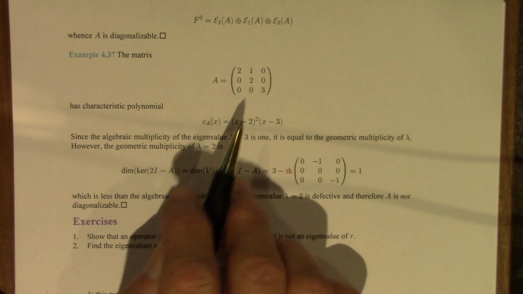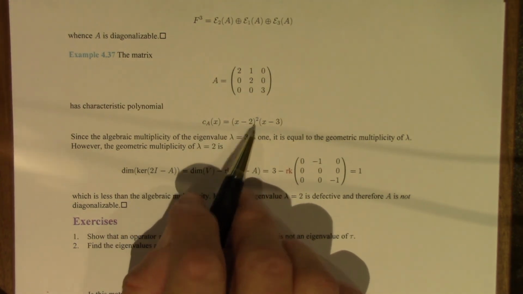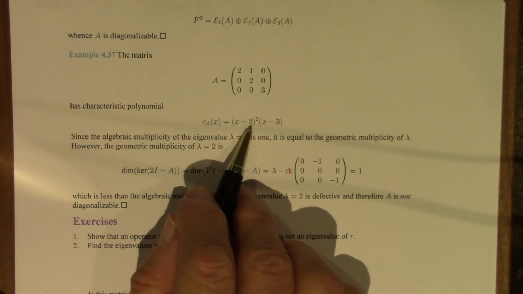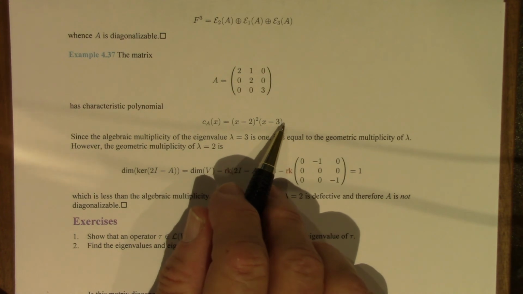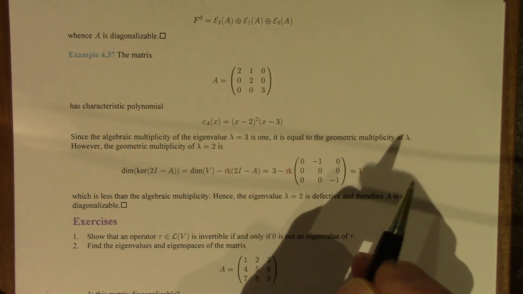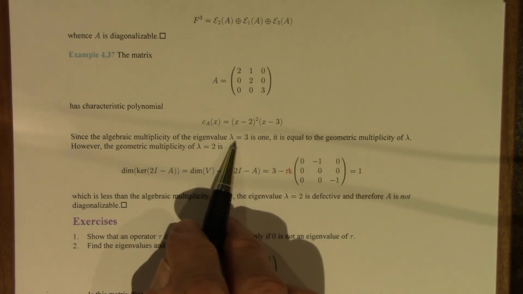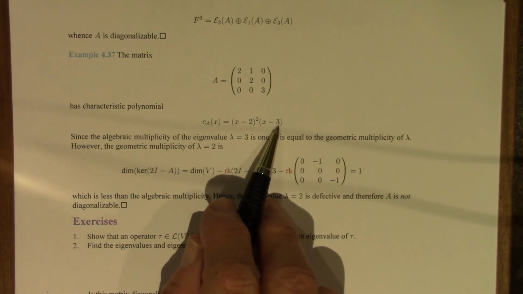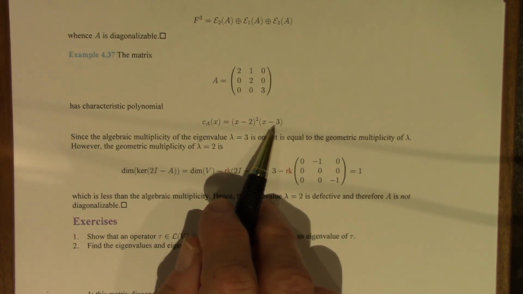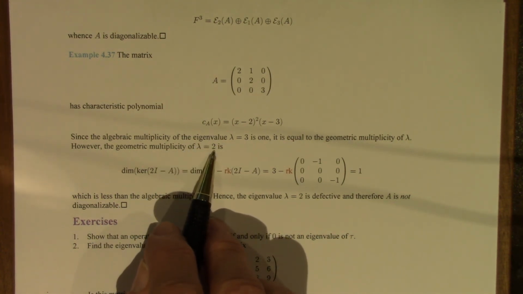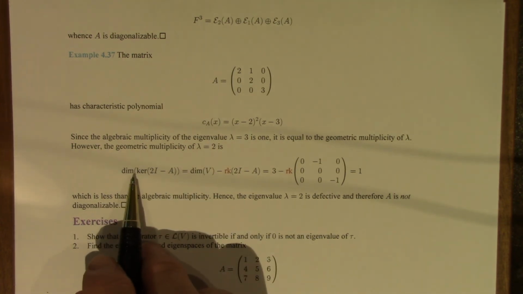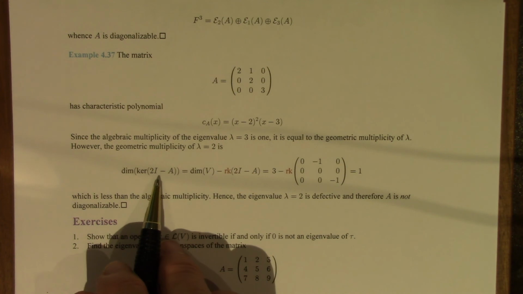Here's a matrix. This is the characteristic polynomial. The eigenvalue 2 has algebraic multiplicity 2. Eigenvalue 3 has algebraic multiplicity 1. So the eigenvalue lambda equals 3 is non-defective. However, when we compute the geometric multiplicity of the other eigenvalue, lambda equals 2, the dimension of the kernel of, I switched this around for some reason.